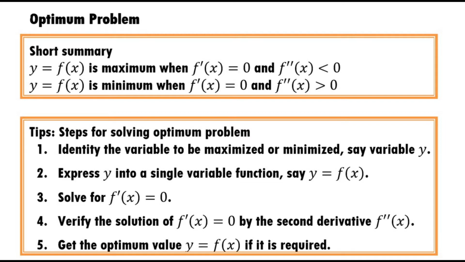We can call this an application because most of the time the problem would be for a real life application situation where we have to find the maximum of a volume, maximum of an area, maximum radius, maximum height, and so on. So basically, we will use the concept of first derivative test and second derivative test.